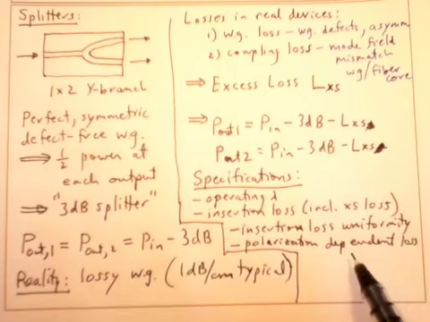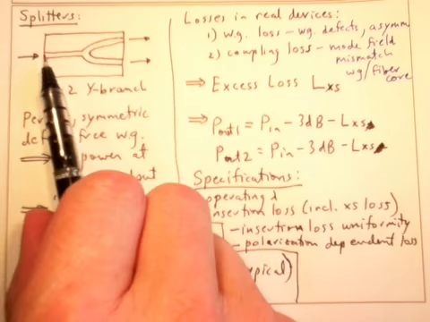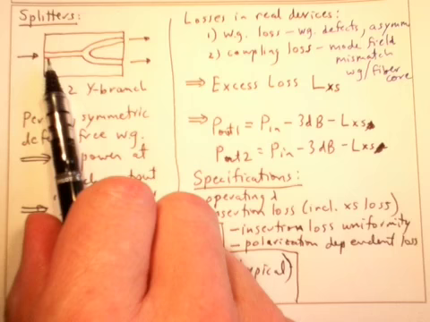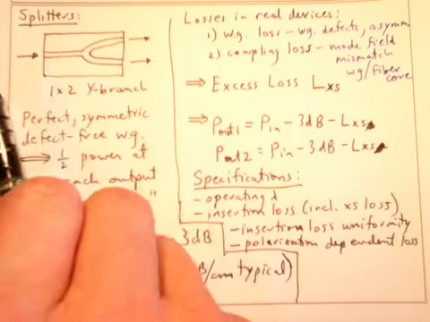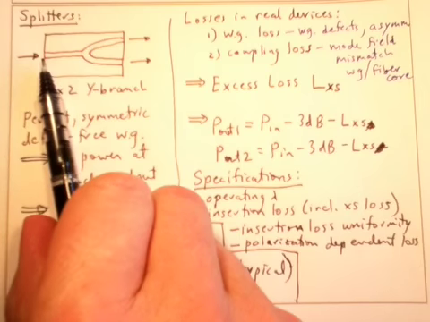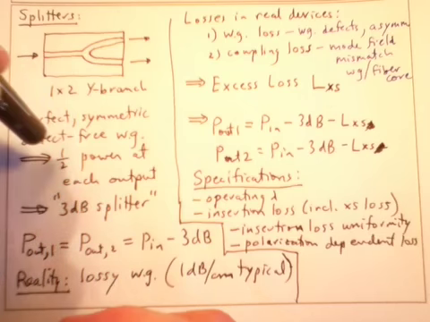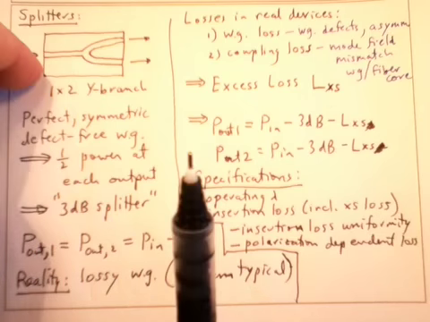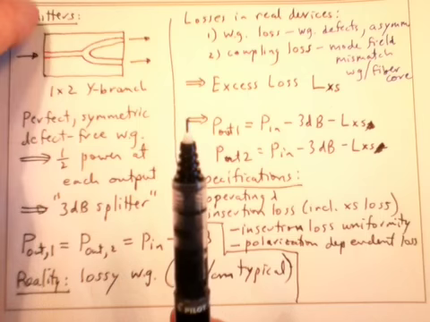and it turns out that when you launch light into an integrated optical device like a splitter, you're launching it from a fiber normally. And inside the fiber you don't usually have control over the polarization state. In other words, you may launch the light with a vertical polarization into that splitter or with a horizontal polarization. You don't know which it's going to be.